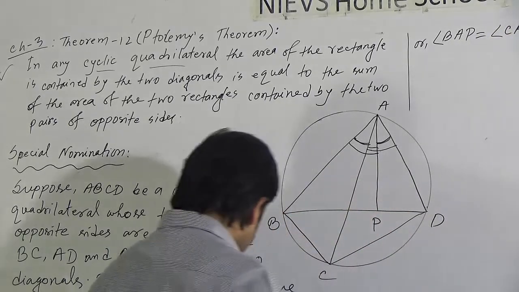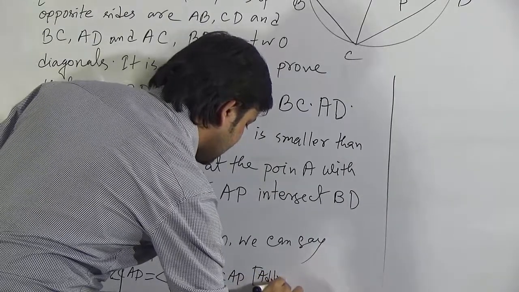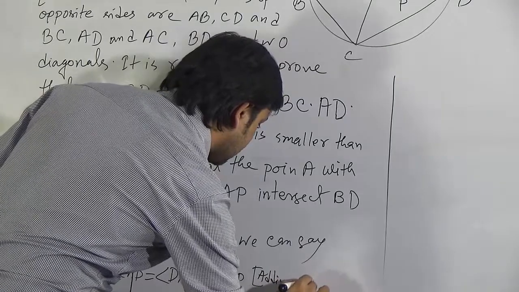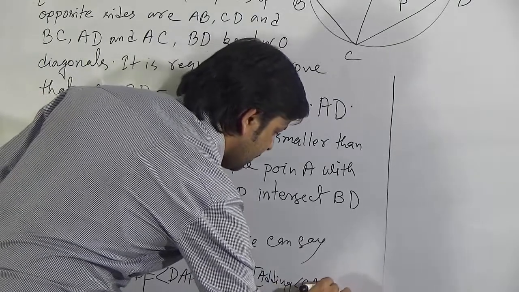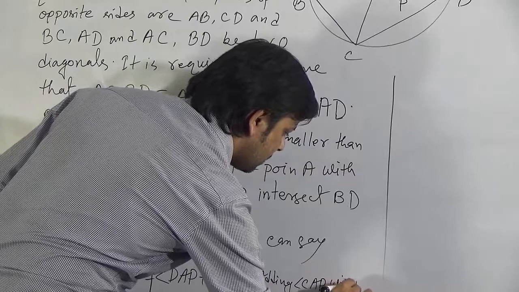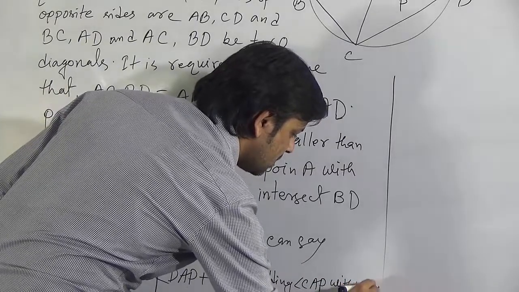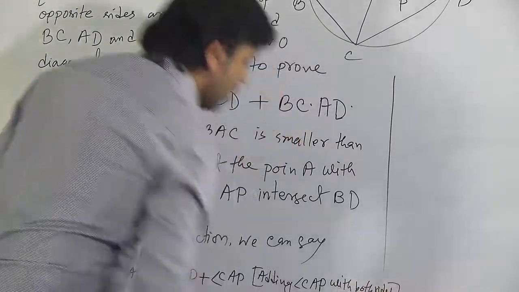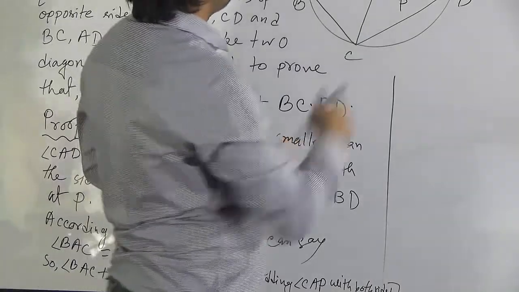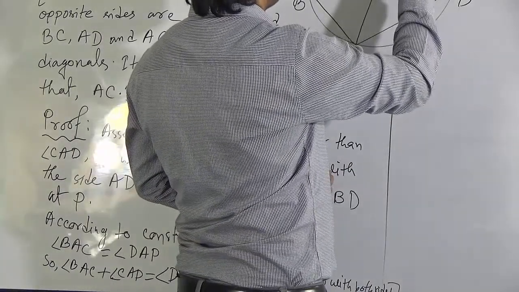These two angles are equal. We can give the side note here, adding angle CAP with both sides. Okay, dear students, so now we know these two angles are equal.